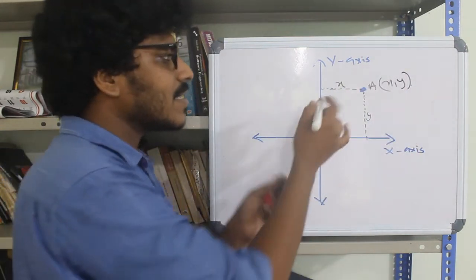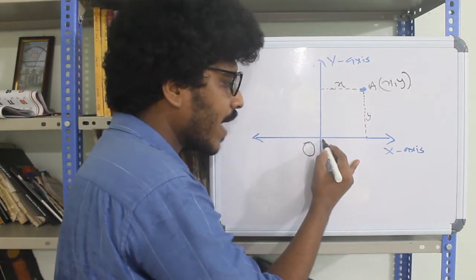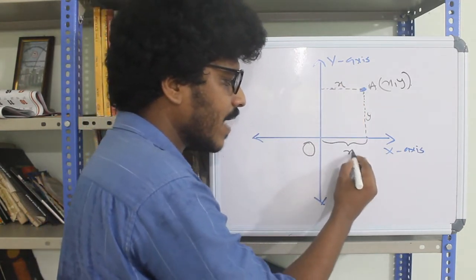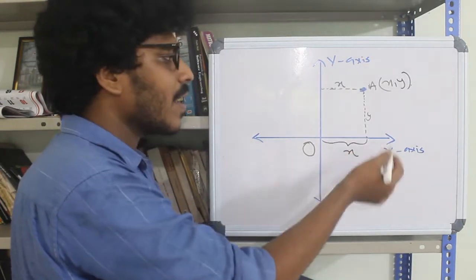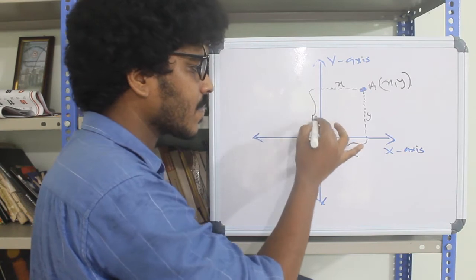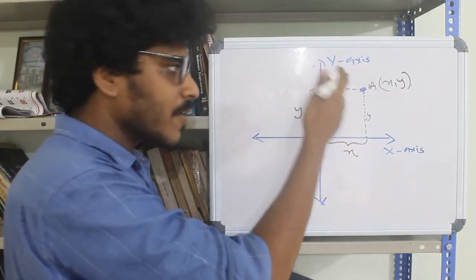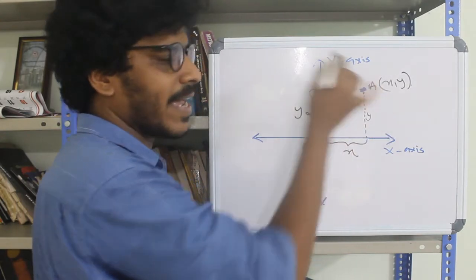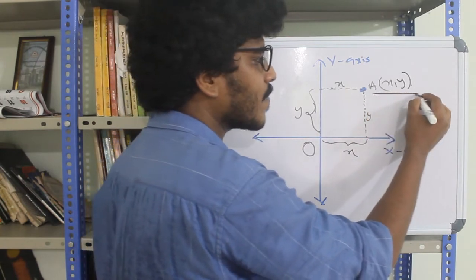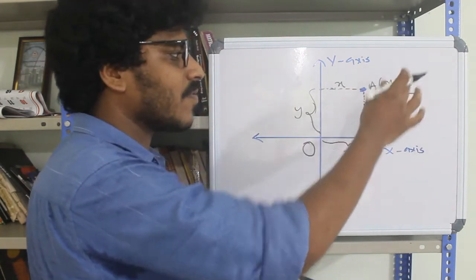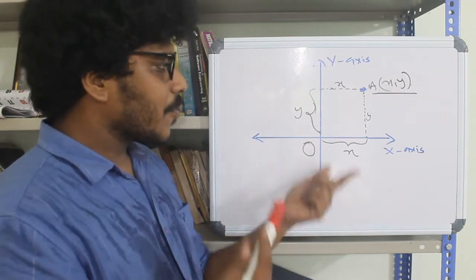There is a reason that we take this as x. We are moving along the x-axis by x units to reach the corresponding point, and in the same way we are moving y units in the y direction to reach our point A. So the point A can be uniquely determined as a pair (x, y). So is it unique?